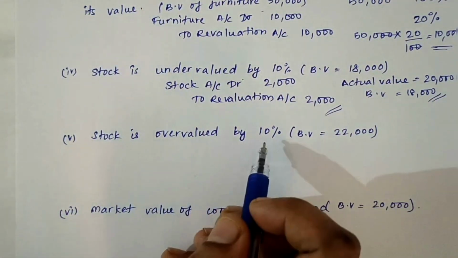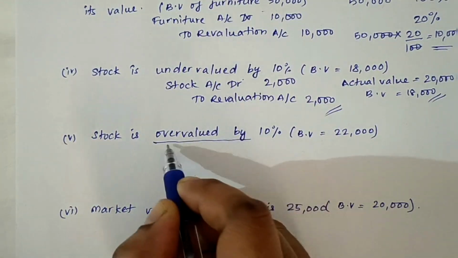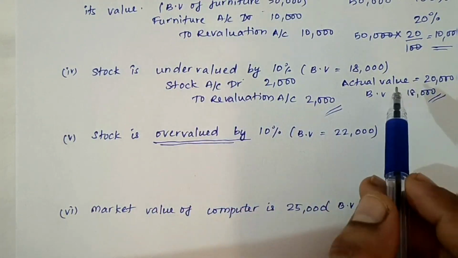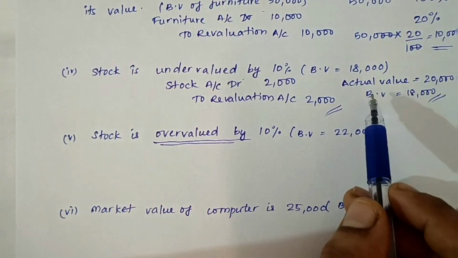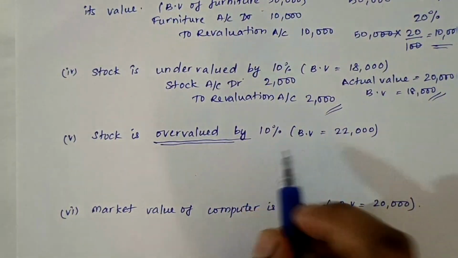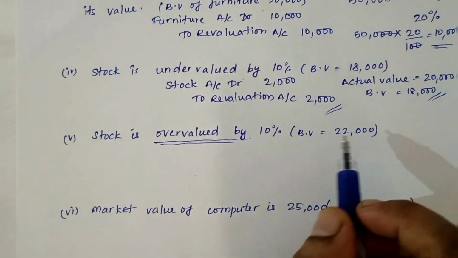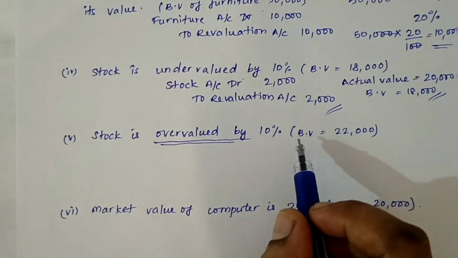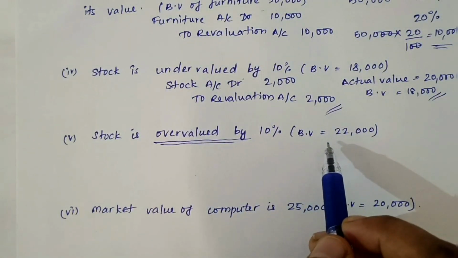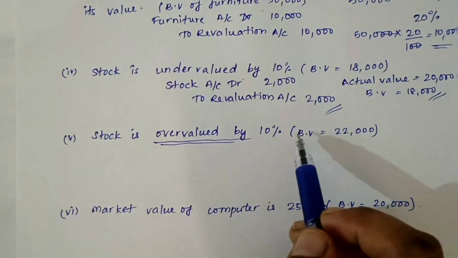So the next question: stock is overvalued by 10%. Overvalued, same as before. For that we have to find the actual value. Here the book value is 22,000, which means it is overvalued by 10%. The value we wrote in the book is 10% more than the actual value.